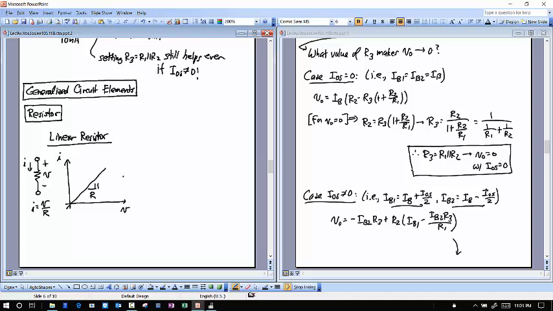However, we can generalize this concept. So let's generalize the concept to a nonlinear resistor. In some of the early treatments of this sort of thing, the nonlinear resistor symbol looked like this.